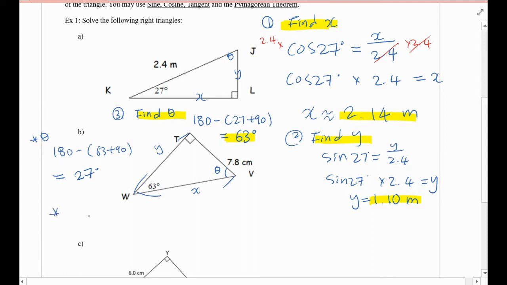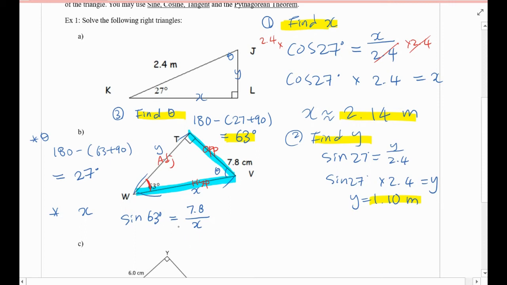And find x. To find x, again, we have to label everything. Relative to 63, this is opposite, and this is hypotenuse, and this is adjacent. To find x, we use hypotenuse, and opposite is given, 7.8 is given. OH, we use sine, right? Sine 63 equals opposite over hypotenuse. Since x is in the bottom, we switch those 2 numbers.